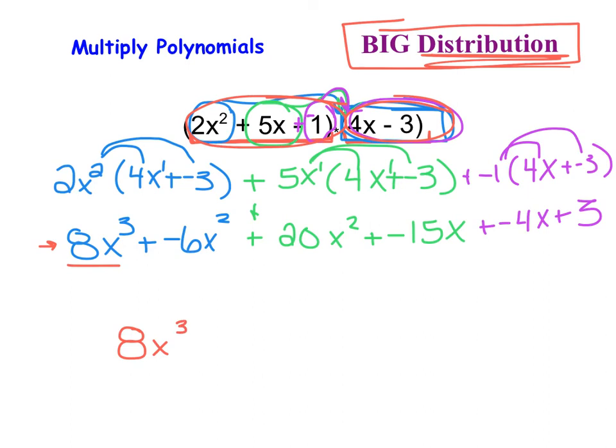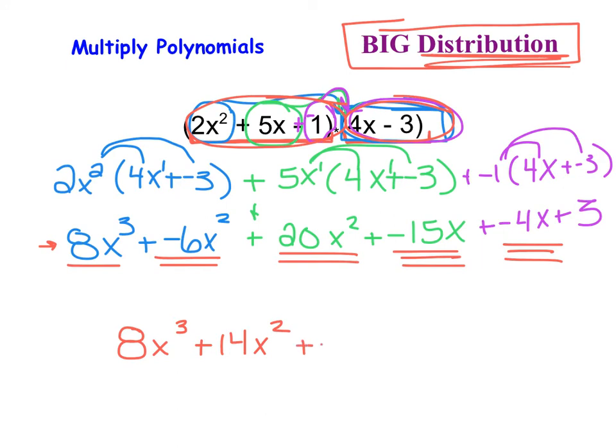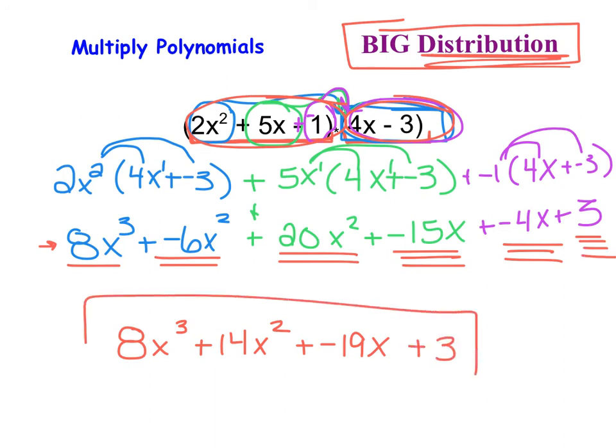And then from here I look for any more x squareds. I have two terms with an x squared, and negative 6 plus 20 leaves me with plus 14x squared. And then I look for terms that contain an x, and I see that with negative 15x and negative 4x, and those combine together to be a negative 19x. And then here at the end I'm left with my constant of plus 3.